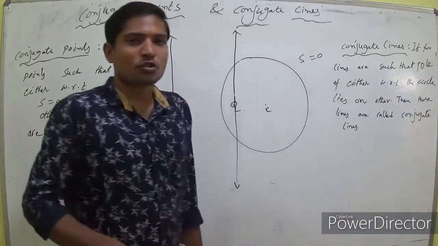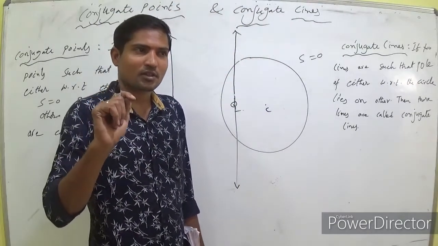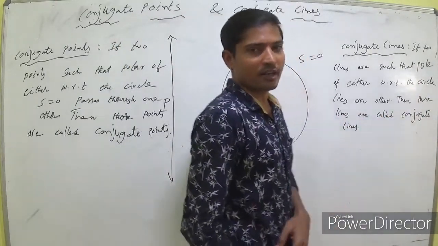Right? Two lines are given, then the pole of one lies on the other, then those lines are called conjugate lines.